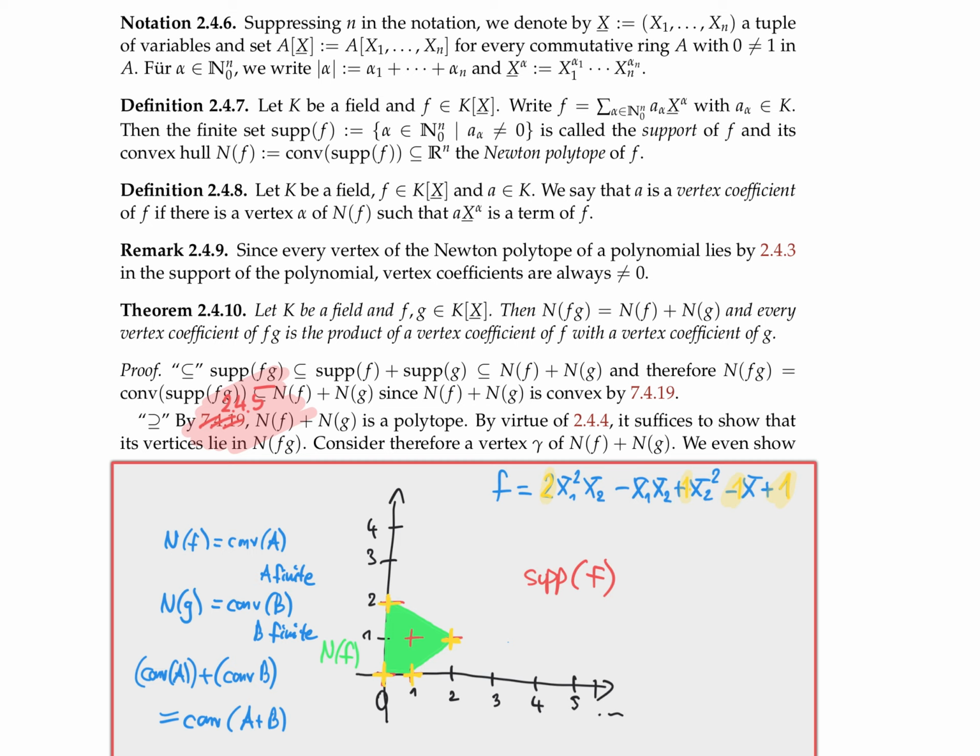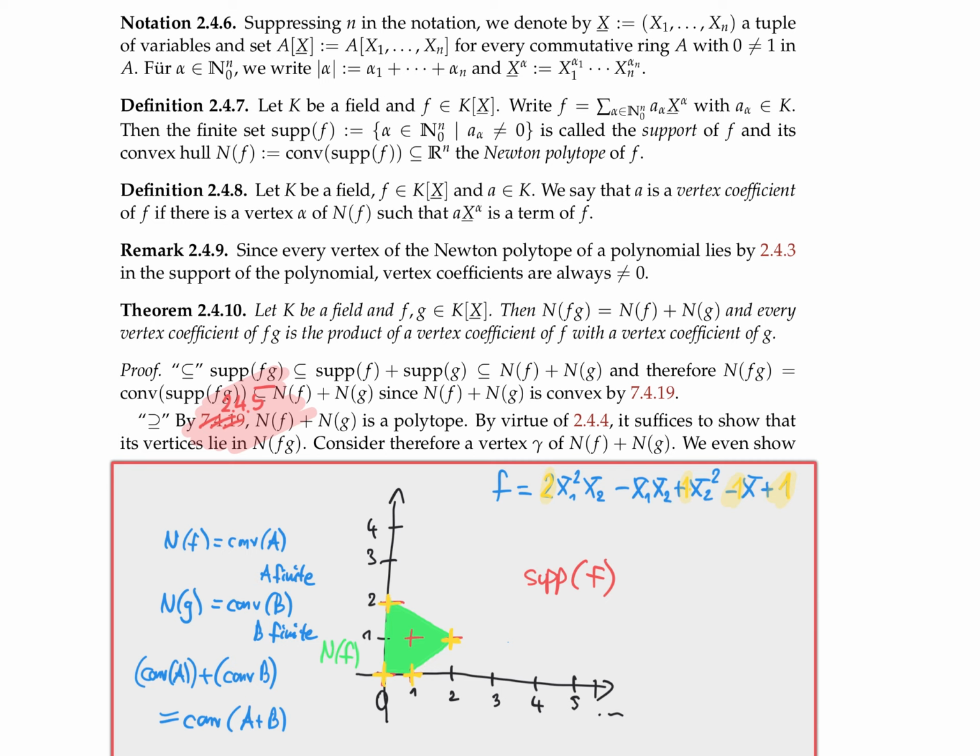So this is a polytope by virtue of 2.4.4. It suffices to show that its vertices lie in n of fg. Yes, because a polytope is a convex hull of its vertices and n of fg is convex, so it's enough to show that the vertices lie in n of fg, because they generate the polytope, right?